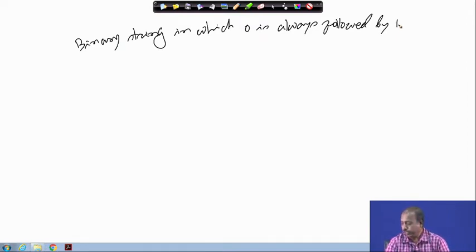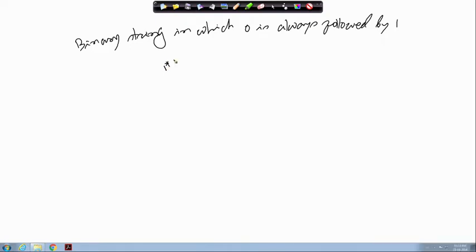For writing this, one possibility is that there is no 0. Even the string of zero length, that is the null string, is also valid because it contains neither 0 nor 1. So, one possibility is that I have only ones, and any number of ones can be there.